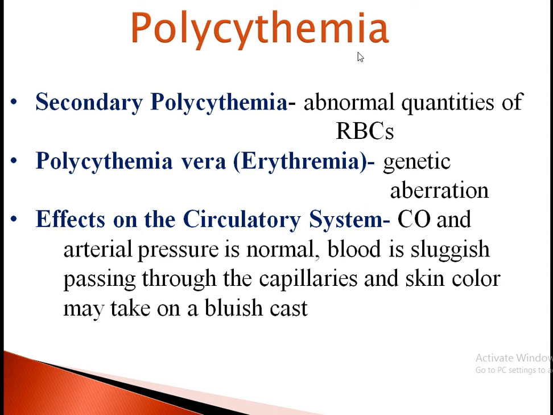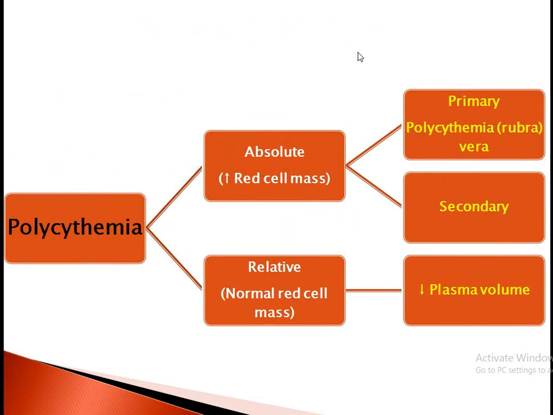Secondary polycythemia is when abnormal quantities of RBCs are present, and the other category, polycythemia vera, is due to a genetic aberration. Its effects on the circulatory system will be studied later on. Polycythemia may be absolute or relative. Absolute is an increased red cell mass. Relative is a normal red cell mass, but it is concentrated so that the count does not remain normal.